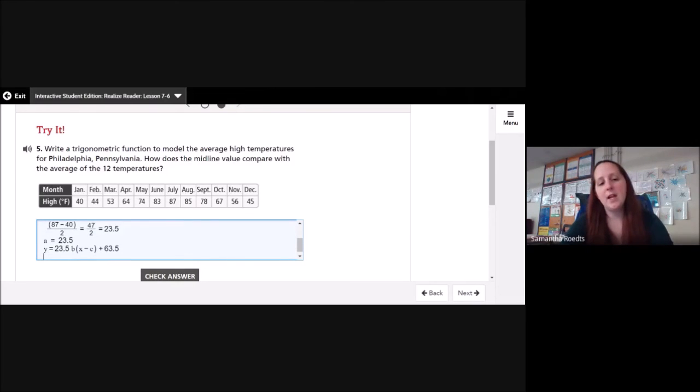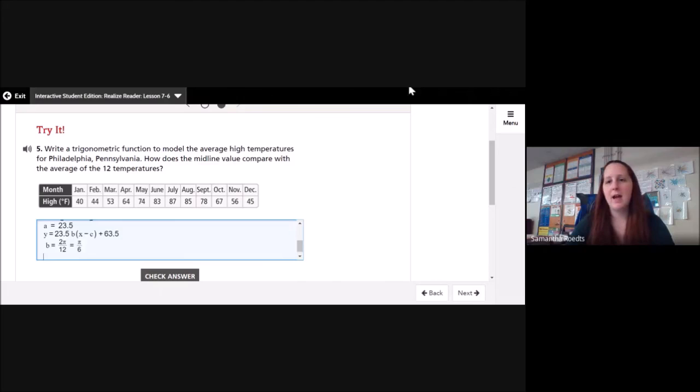Okay. To find B, I take the number of months, which is 12, and I do 2 pi divided by 12. That is going to be B equals pi over 6. Okay.